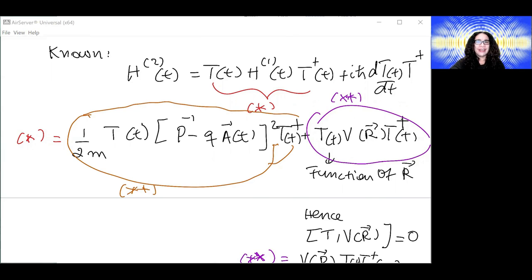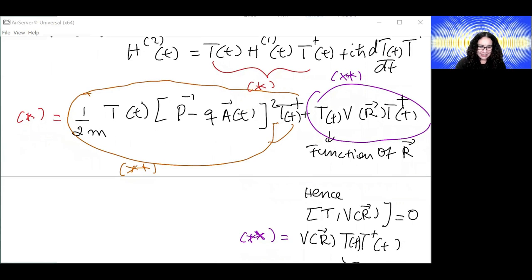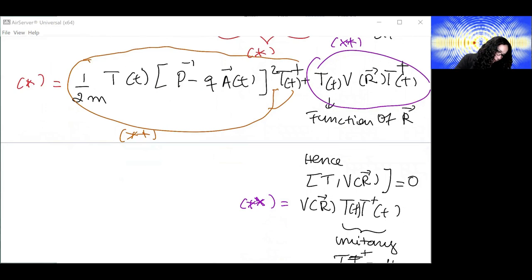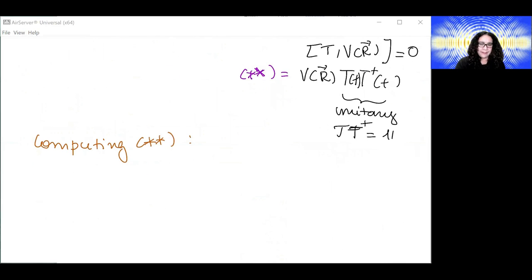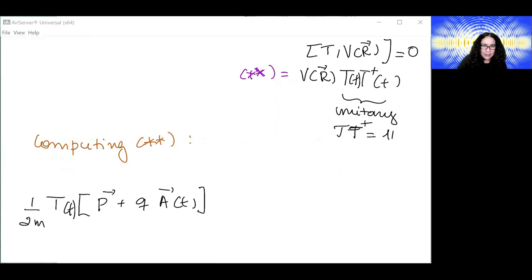So let me compute this double star here. What I'm going to have is then T, 1 over 2m, P plus Q A T, squared, T dagger.